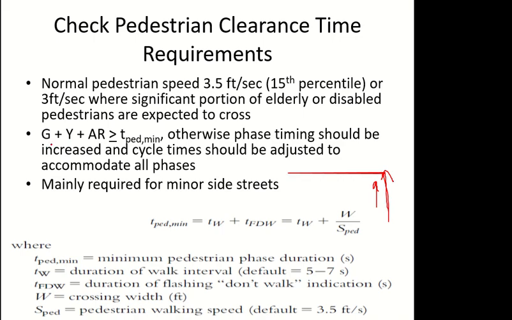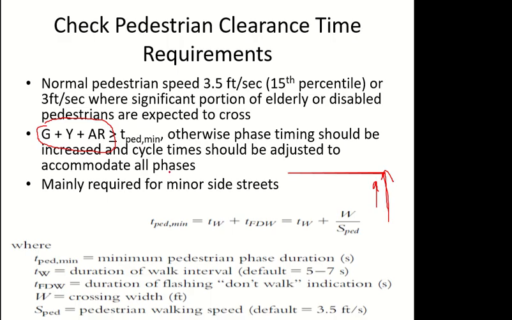So green plus yellow plus all red for this direction is called the phase timing. The pedestrian time should be less than or equal to the phase timing I am providing. Okay, the time the pedestrian requires to cross the road should be either equal to the phase time of the vehicles or less than that. Okay, so they will have extra time.